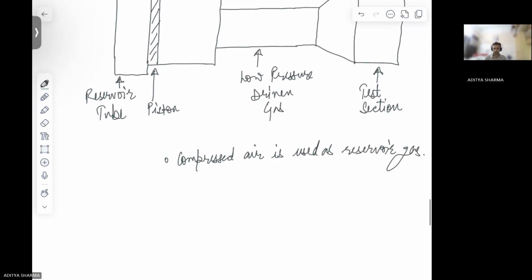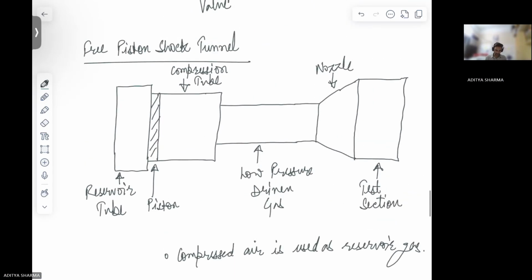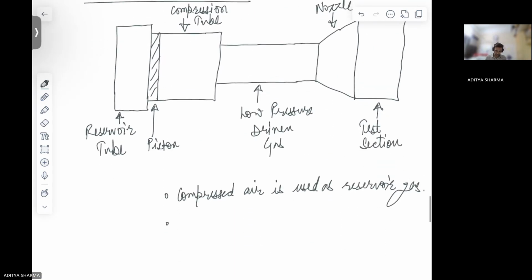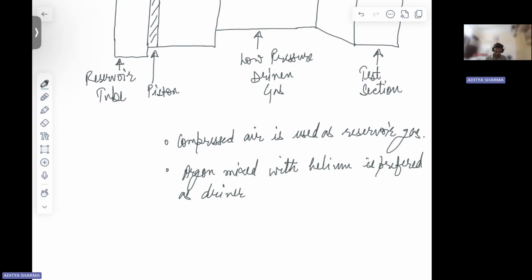Then in your compression tube, argon mixed with helium is preferred as driver gas, okay.